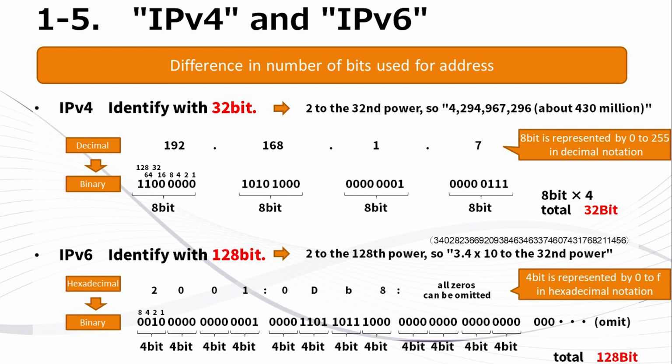IPv6 was standardized to solve that IP address exhaustion. Therefore, it is 128-bit. It is possible to give a tremendous number of addresses, 10 to the 32nd power. Basically, the difference between IPv4 and IPv6 is the number of addresses that can be assigned. Here, I think it's good to understand that there is a difference in the number of bits used for addresses, and the notation method is also different.